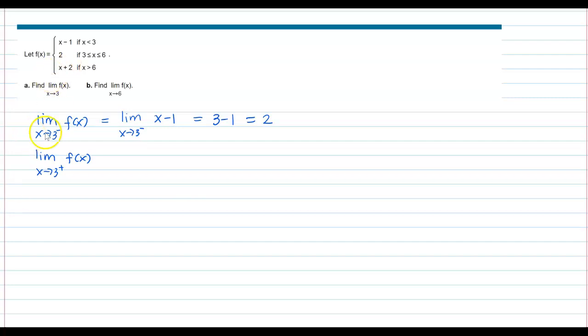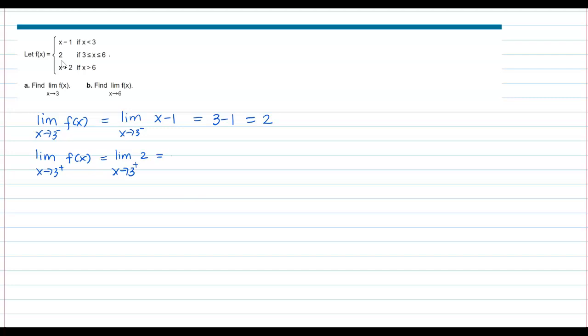For the second one, if you have the limit as x approaches 3 from the right, that means x is greater than 3. When x is greater than 3, according to the definition here, your f of x is just 2. So this is the limit of 2 as x approaches 3 from the right.